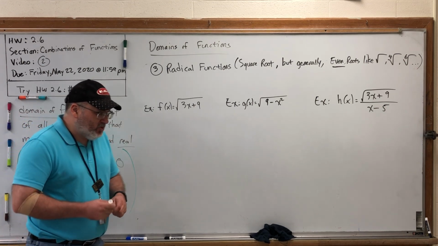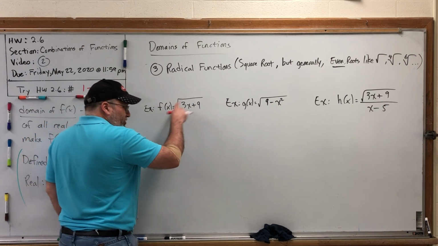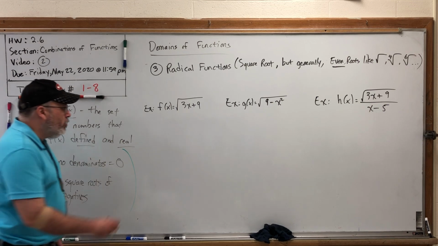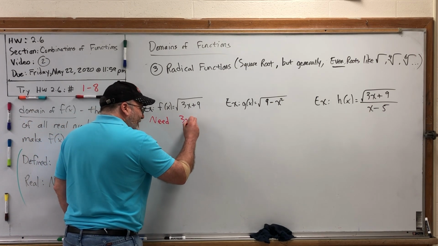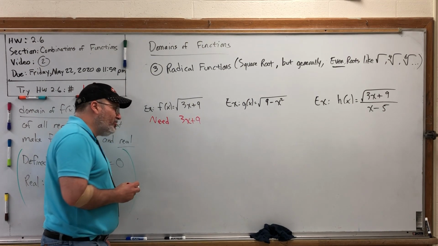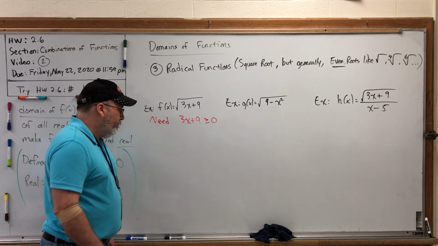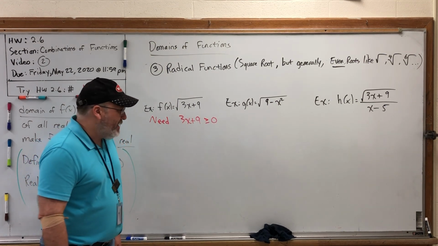I literally just described what I'm trying to make happen. In order for this to stay real, in order for this to not square root a negative, we need to make sure that the radicand, which in this case is 3x plus 9, is greater than or equal to 0. As long as this expression is greater than or equal to 0, we're okay.